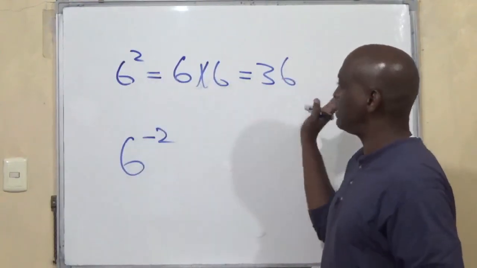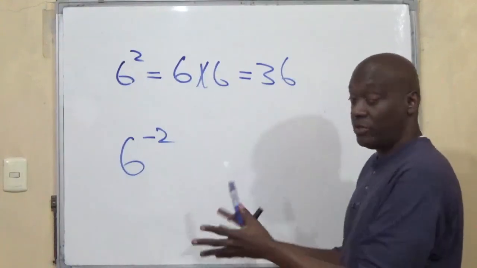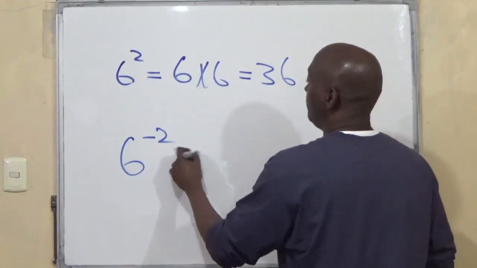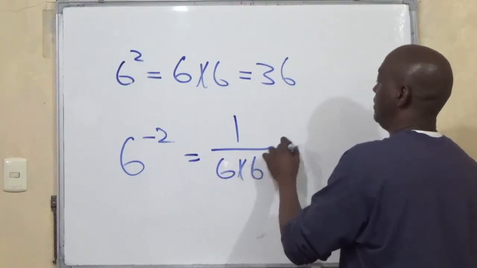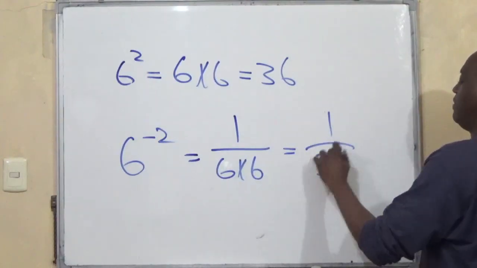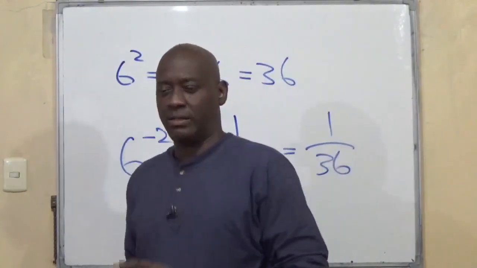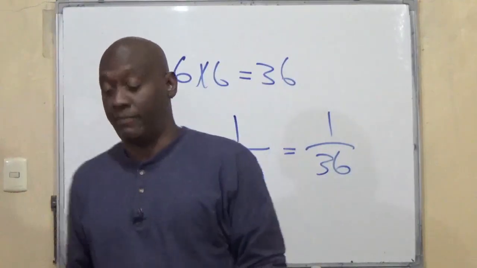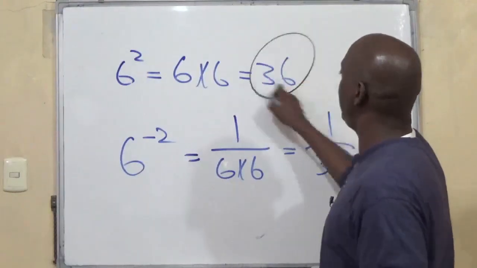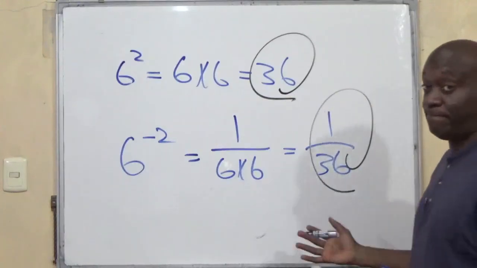So if 6 squared is 6 by 6 is 36, then 6 to the power of minus 2, according to the rules that we established here, would be 1 over 6 by 6, which is equal to 1 over 36. In this context, the reversal is manifested as a reciprocal. So you have 36 over here, and over here, you have 1 over 36.